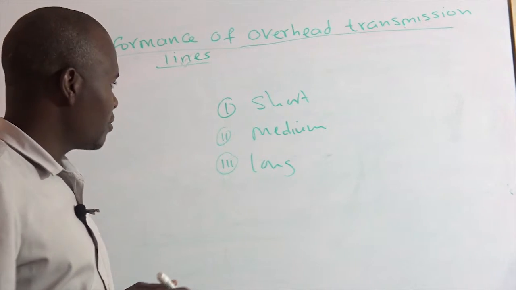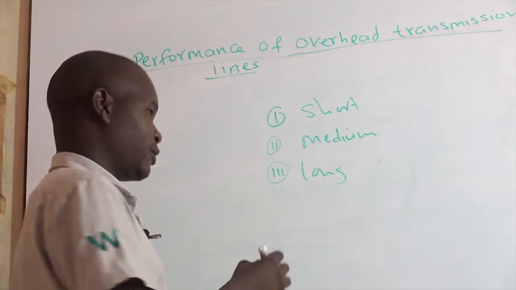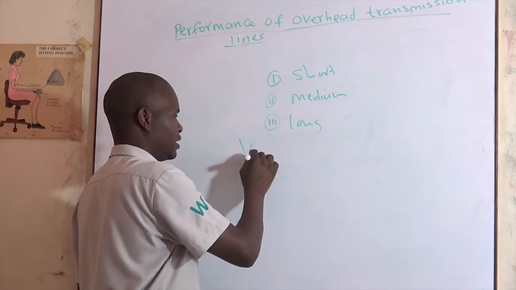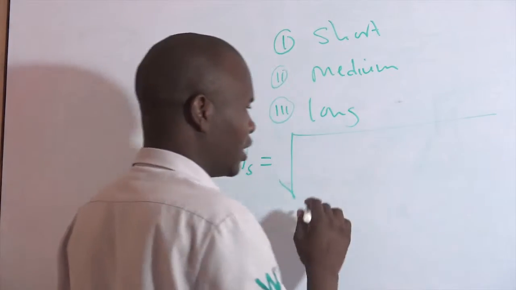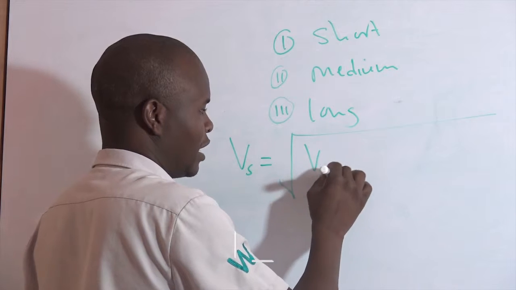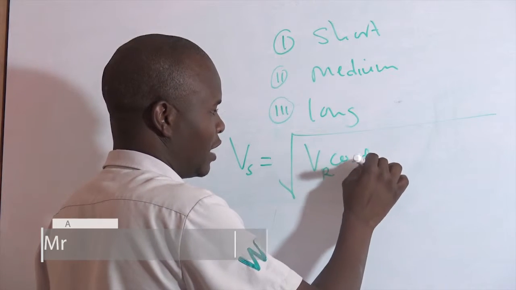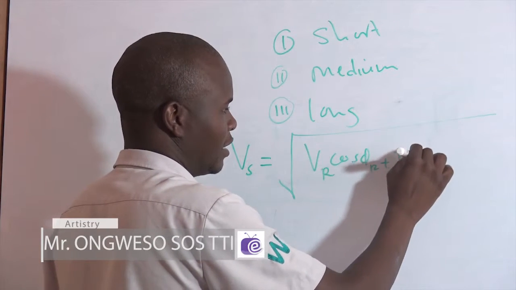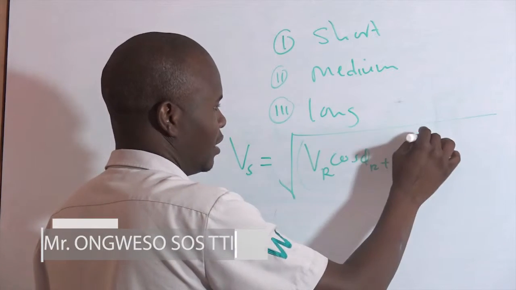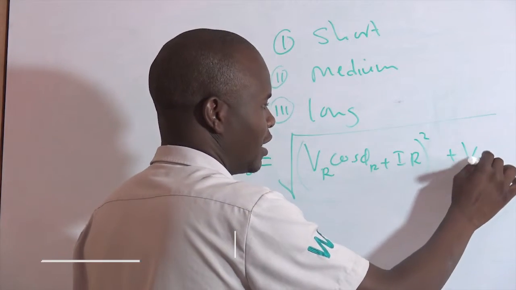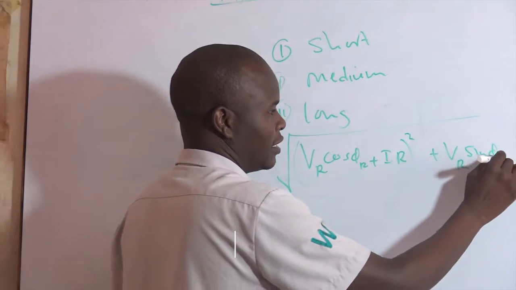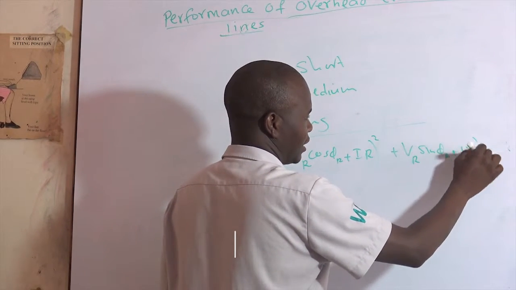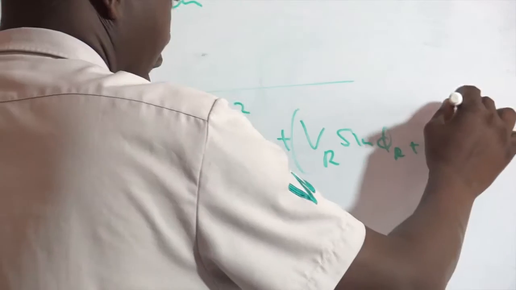At the same time, we have managed to derive an expression for the sending end voltage, VS, which is the square root of VR cos phi r plus IR, squared, plus VR sin phi r plus IXL, squared.